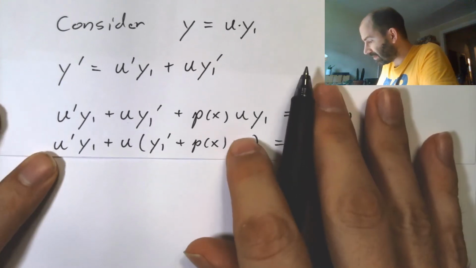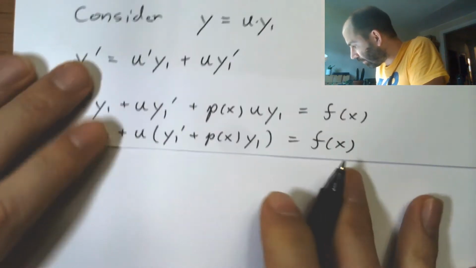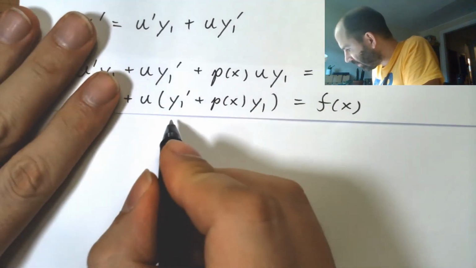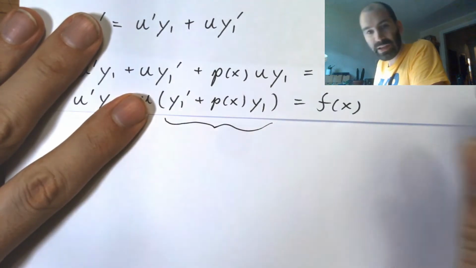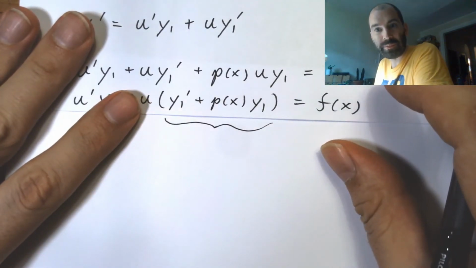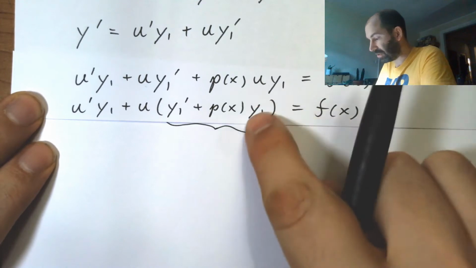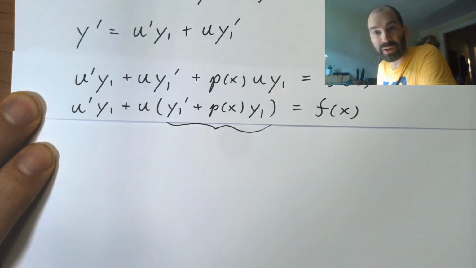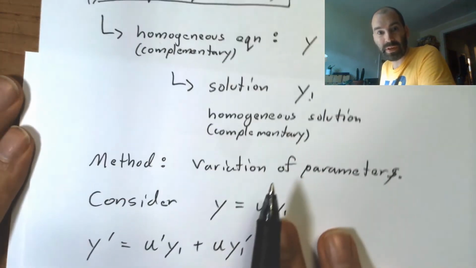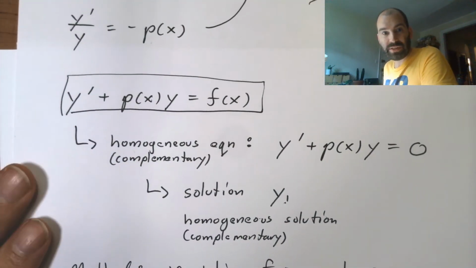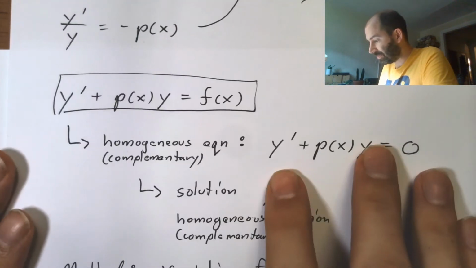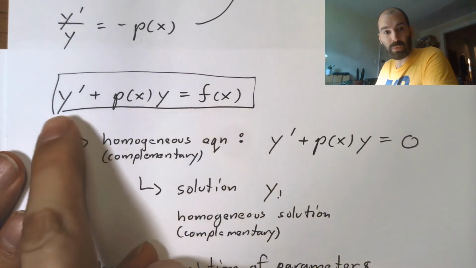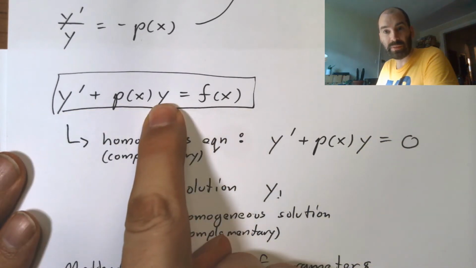You should have realized that this expression is something we've seen before. This is the differential equation with the complementary solution plugged in. All right? So it's this differential equation, but with y1 plugged in place of y.